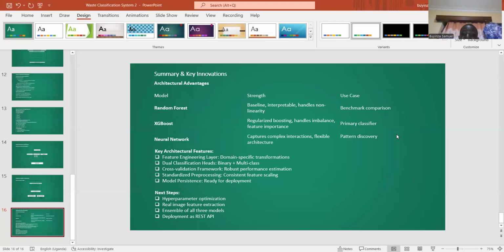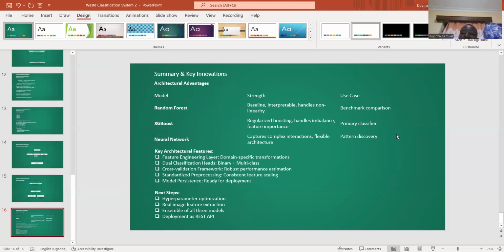For the random forest, we first take into consideration the baseline, which is interpretable and handles non-linearity, and also the benchmark comparison.